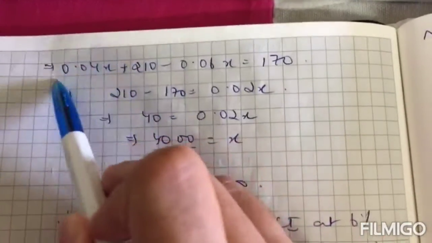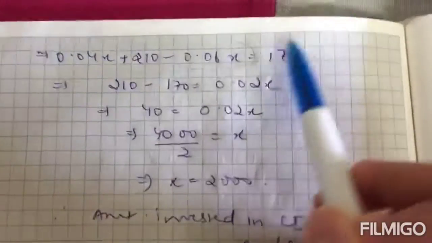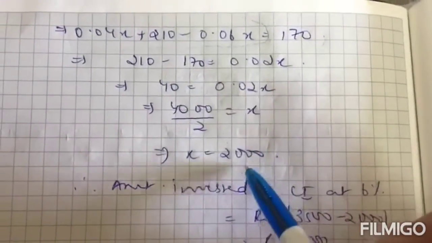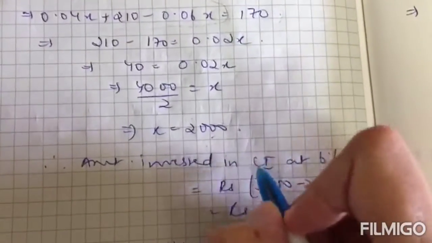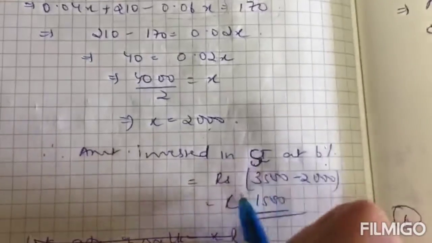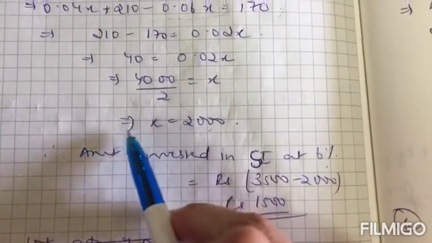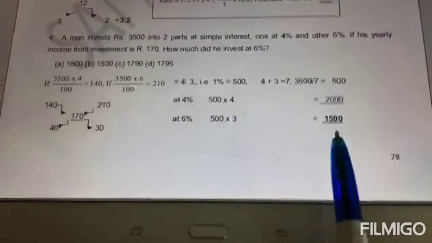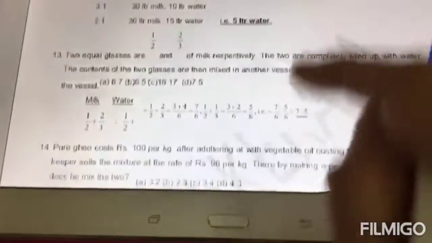This is the total yearly income for that person, which the question says is equal to 170. When you solve for x, you will get 2,000. Therefore, the amount invested at simple interest at 6% would be 3,500, the total amount invested, minus 2,000, which is 1,500. Right, okay?